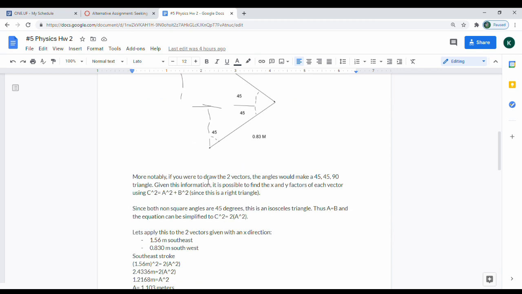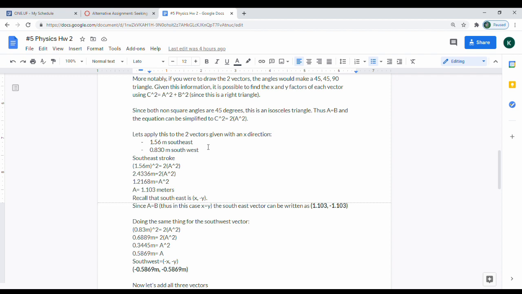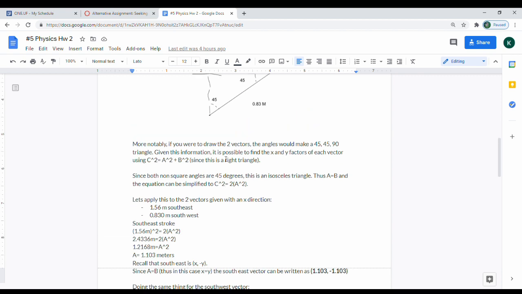So, using this information, we can figure out the x and y components of each vector. So let's apply this to the first, the 1.56 meters southeast putt. So we already know what c squared is. It's 1.56. And we know that x and y is the same, or in this case a and b.